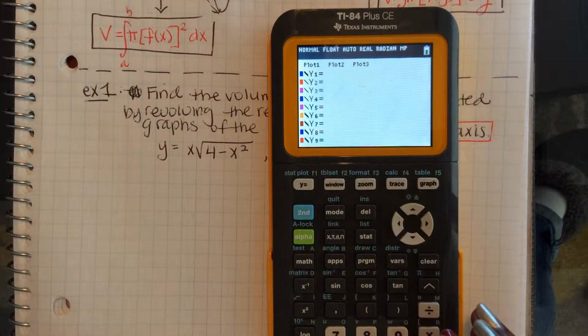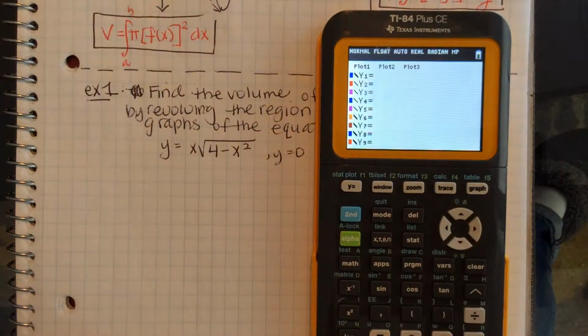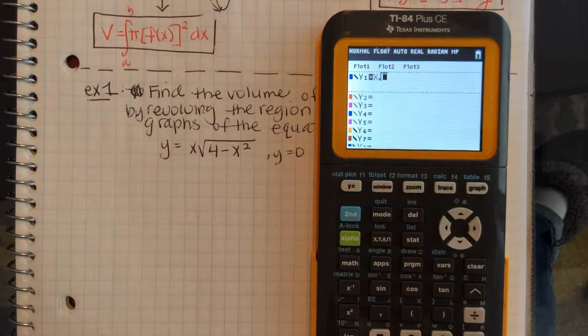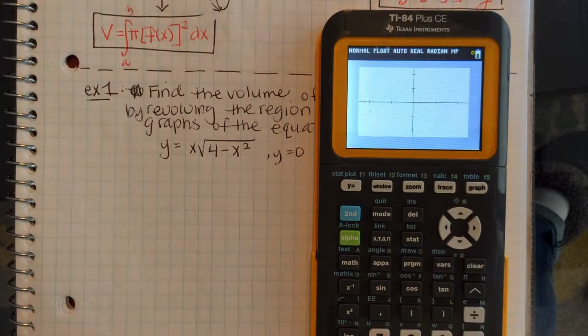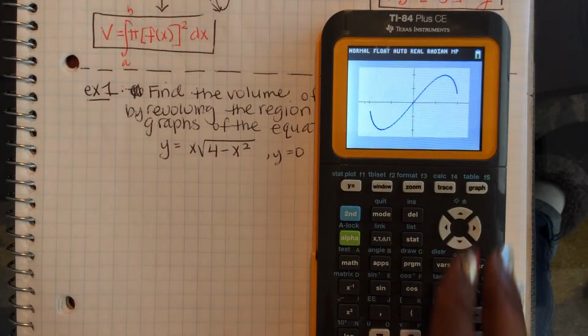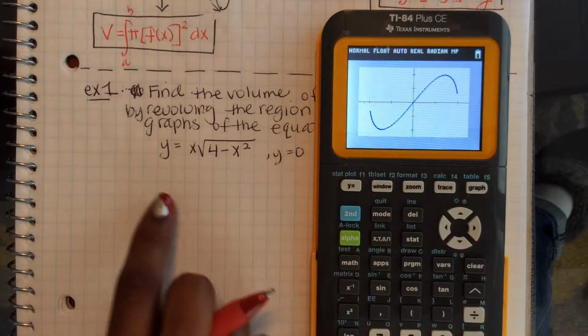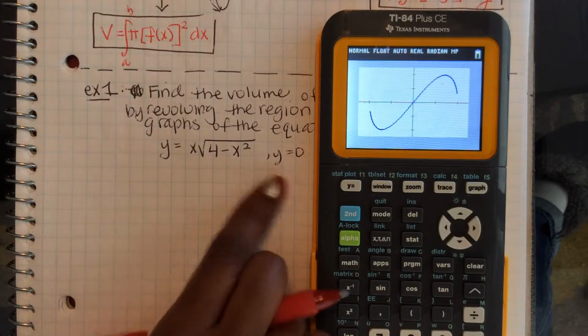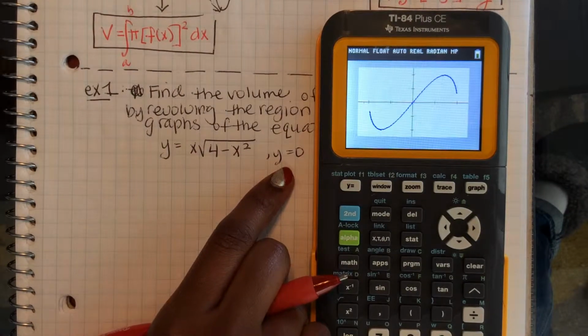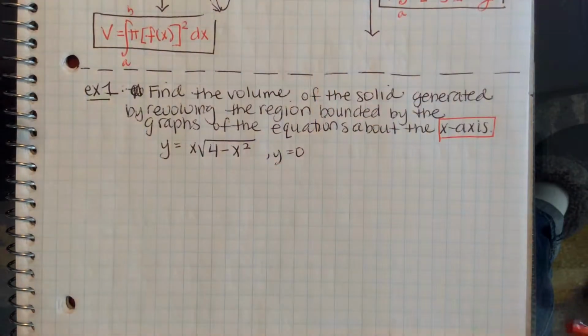Okay, let's say I have the graph of x times the square root of 4 minus x squared. So here is my shape, and it does hit at 2, and we're doing it for the x-axis, which is y equals 0.